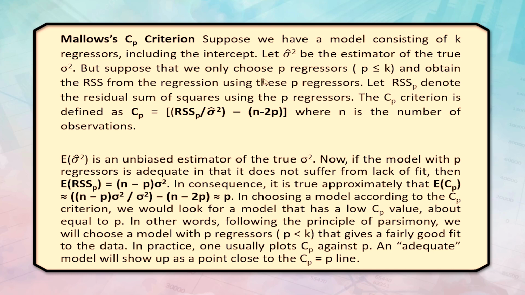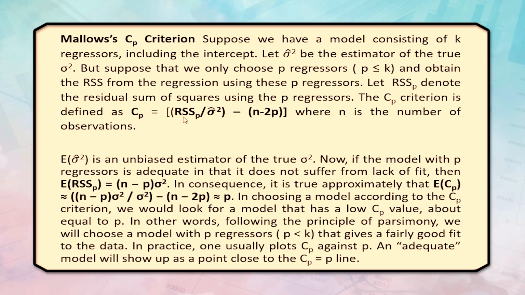But suppose that we only choose p regressors, p less than or equal to k, and obtain the RSS from the regression using these p regressors only. Then we denote RSS subscript p as the residual sum of squares using these p regressors.